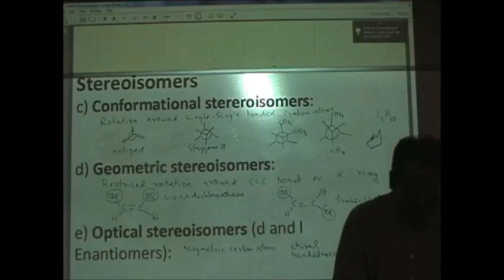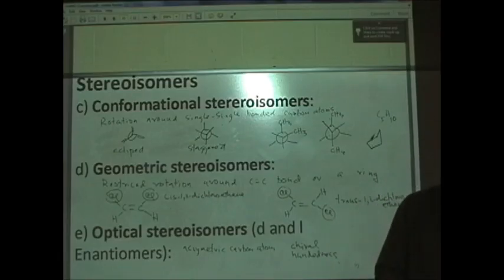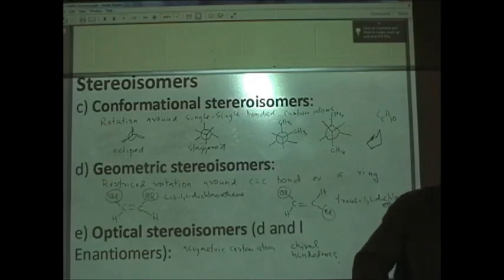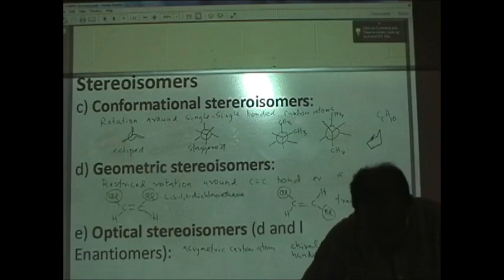Let me show you this. These two are the same molecule. Why am I saying this is the same molecule? Because if I rotate it, I can superimpose it, right? There's no handedness. Chirality is the same.